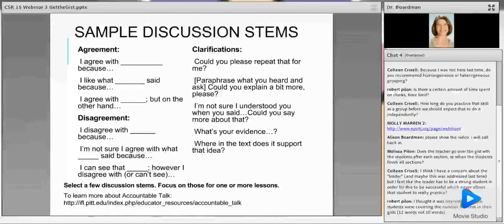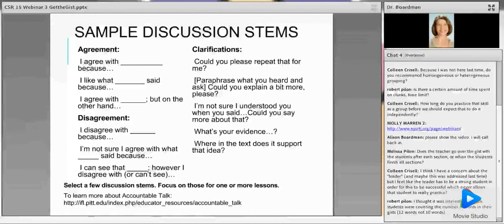Another really important and helpful way to guide discussions about text, and this might be something that you're already using in your classroom, and if you are, it'll be easy for the kids to transfer it into their gist discussions. But you might select a few discussion stems that you'd like the kids to be using throughout their text discussions in CSR.